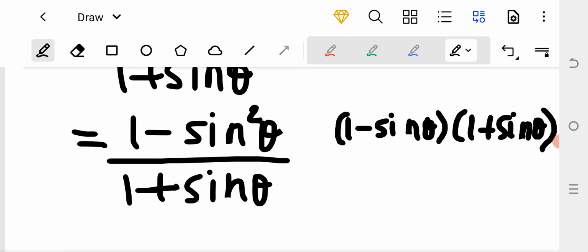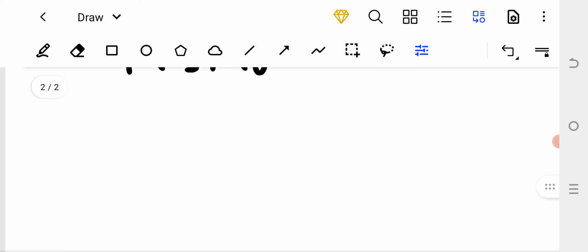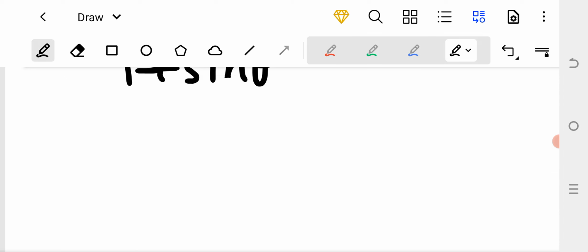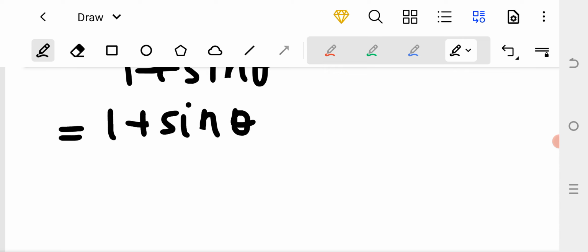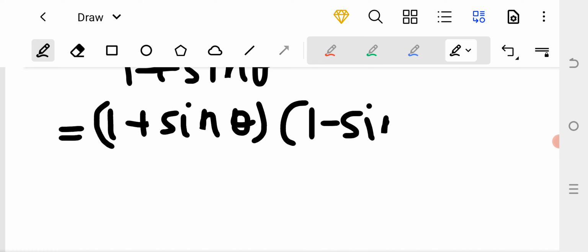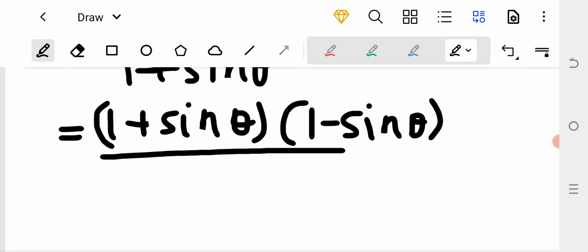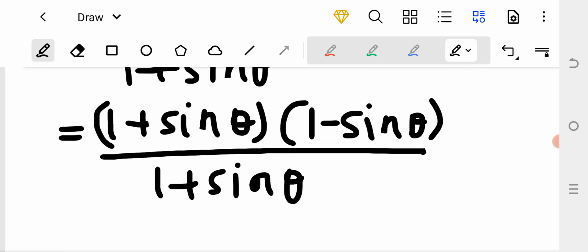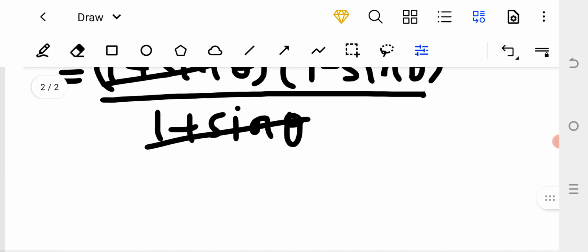To continue, we say this is equal to 1 minus sine theta times 1 plus sine theta. The order of the brackets that you start with does not matter; it's up to individual preference. You divide by 1 plus sine theta, and the 1 plus sine theta cancels out. You're left with 1 minus sine theta.